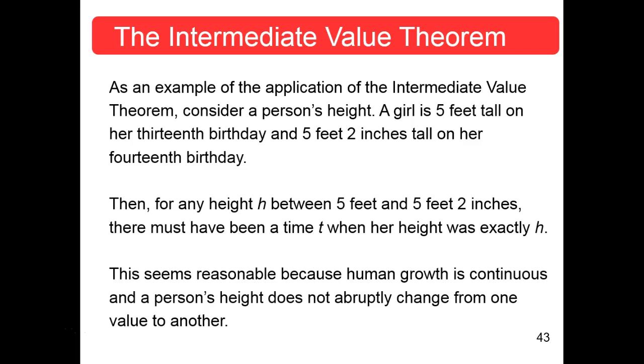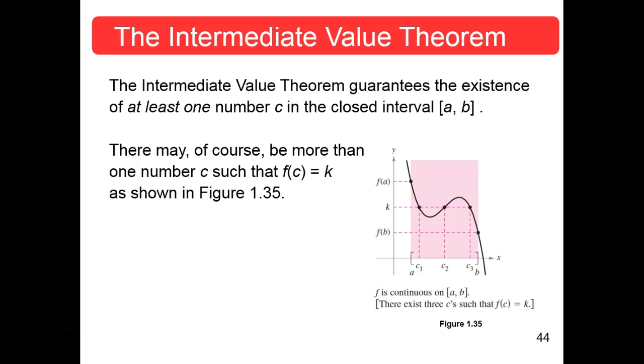This seems reasonable because human growth is continuous. There are no jumps, no discontinuities in your growth. A person's height does not abruptly change from one value to another. It's always gradual.